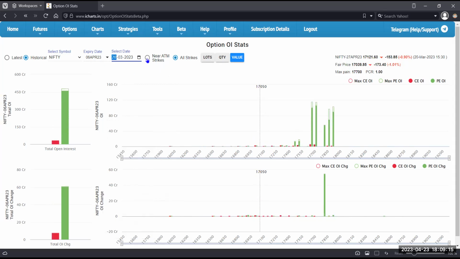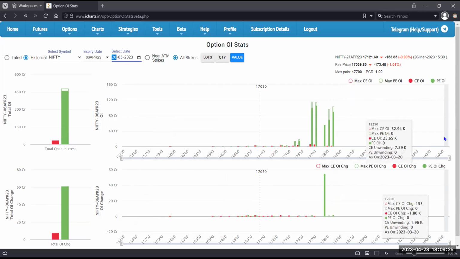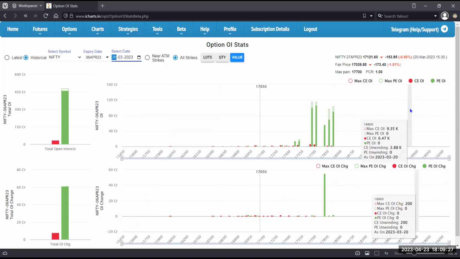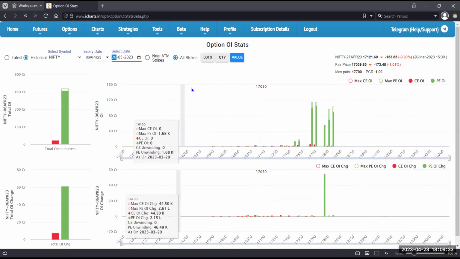So if you see, that day Nifty was around 17,000 or so, and then around 16,800 or so, it made a base. People were heavily shorting. If you look at the lots, it won't give you the picture.